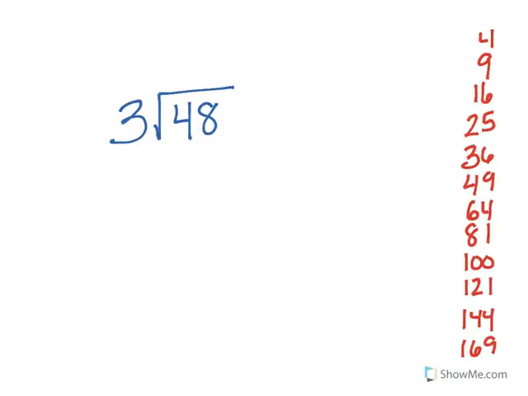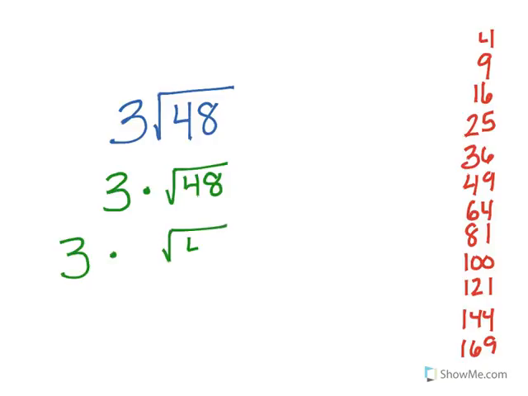So what happens if your radical has a whole number in front of it? So basically this just says 3 times radical 48. So what I do is I separate this and I just work with that 48, which I've already done with you. I said it was 16 times 3.